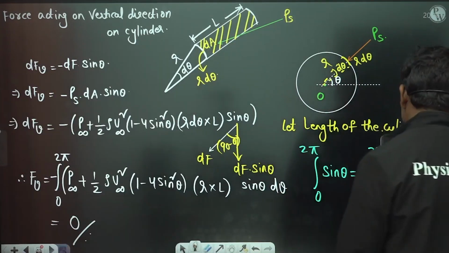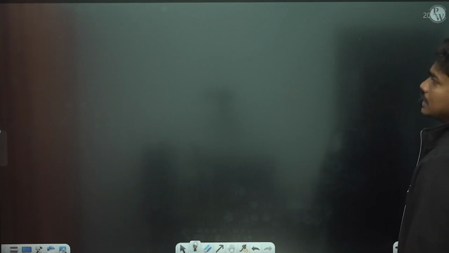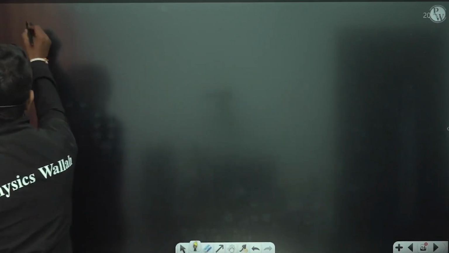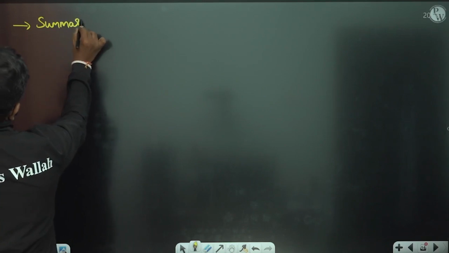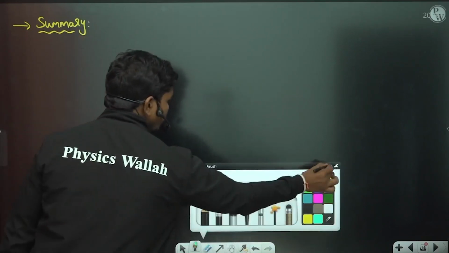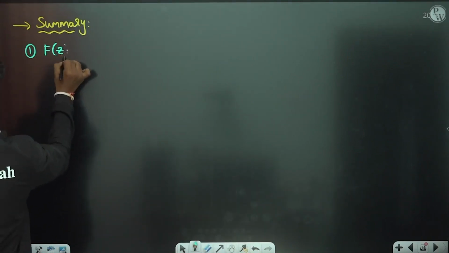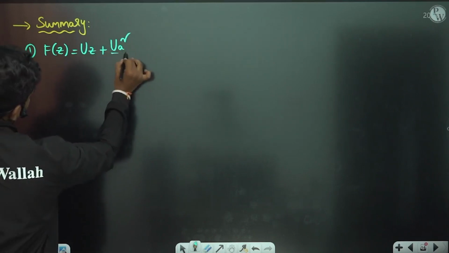Okay, so let us summarize these points in case of flow past a stationary cylinder. Because you have learned so many points, let us write a summary. First, obviously, f of z is equal to Uz plus U a square by z.